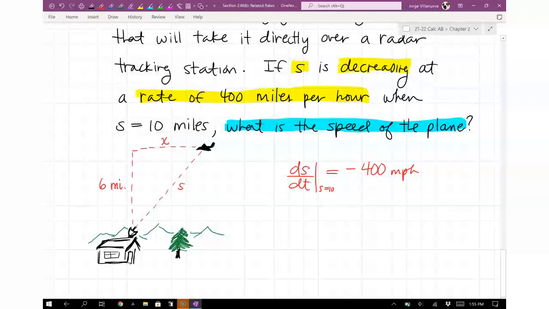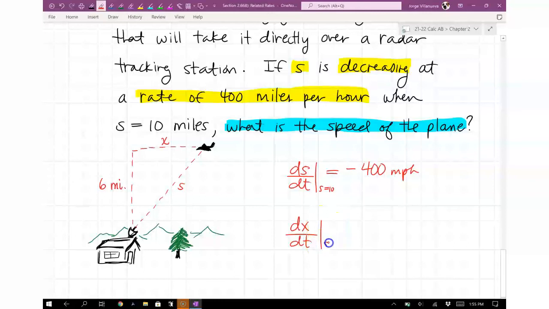Always. Now you can think of the first derivative many different ways. It can be velocity, maximums, minimums, optimums. There's a lot of different things. But one of those things is velocity. So if x is its horizontal motion, then dx/dt would be the velocity of the plane. So they want to know, what is the speed of the plane?